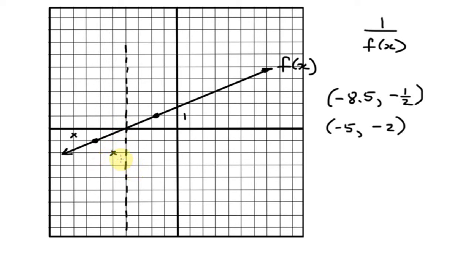And I can kind of see what's going to happen because we've got a vertical asymptote here. So this part of the graph is going to go roaring down like this, and this part here is going to go roaring up like that. Not the best drawing here, but that doesn't matter. So that's what's happening. That's my new reciprocal graph.